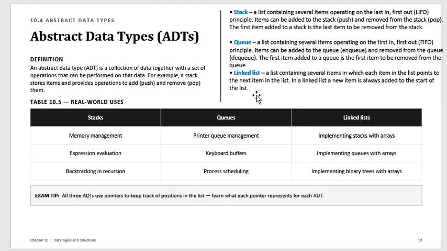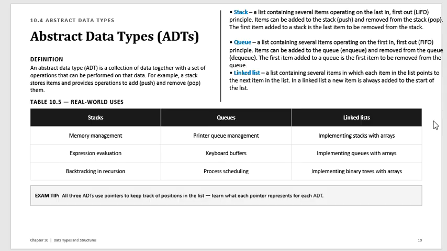Then we also introduced the linked list. This is a list containing several items in which each item in the list points to the next item in the list. In the linked list, a new item is always added to the start of the list. Then we are going to see how you can delete from a linked list, how the pointers work and everything.